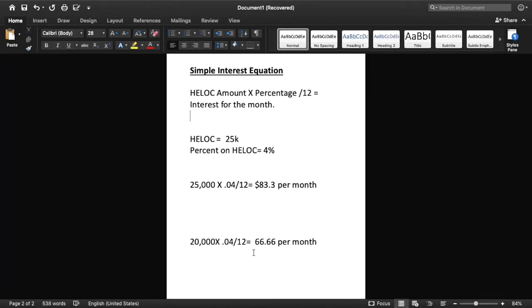And we see if we borrowed $25,000 and we're only paying $83.30 per month on it, that's very cheap. So we're going to go to the mortgage interest payoff calculator, and we're going to see why we want to chunk $25,000 onto the mortgage and see how much interest we saved, as opposed to how much interest we're going to be paying back on the home equity line of credit.